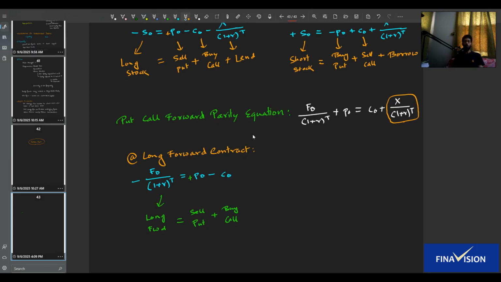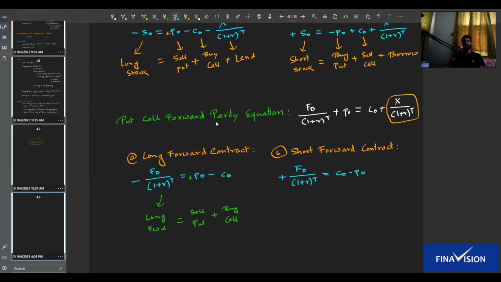Then how to create short forward contract? Short forward contract means there is a cash inflow. So we say plus present value of the forward contract, plus F0 divided by 1 plus r to the power T. This is equal to C0 minus P0.